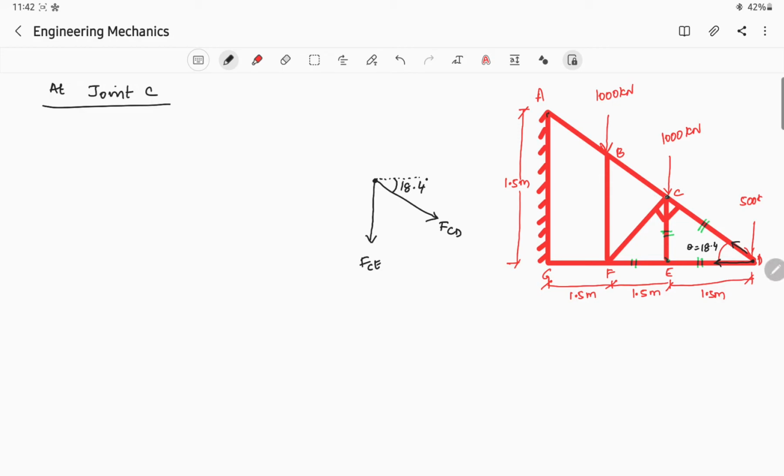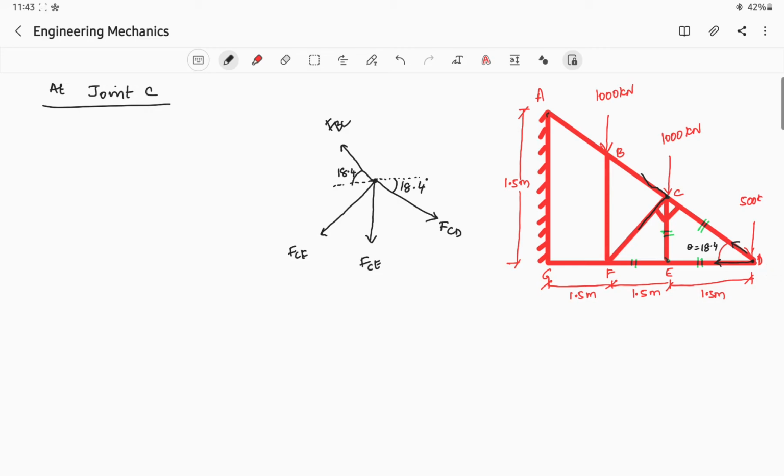Then we have one more force, force in member BC or CB, and this angle is also 18.4 degrees. Then we have one more member, force in member CF.